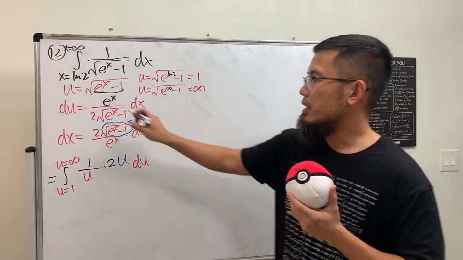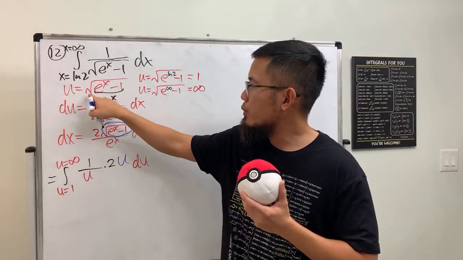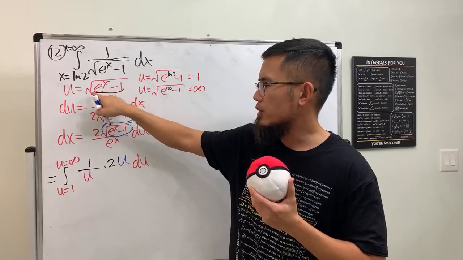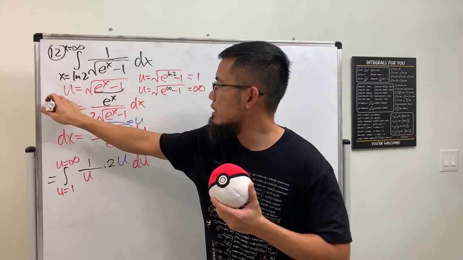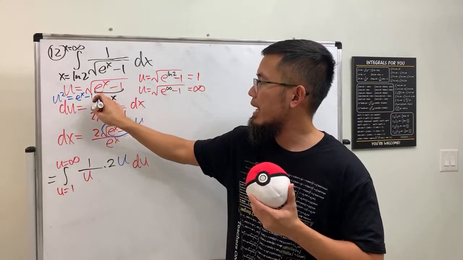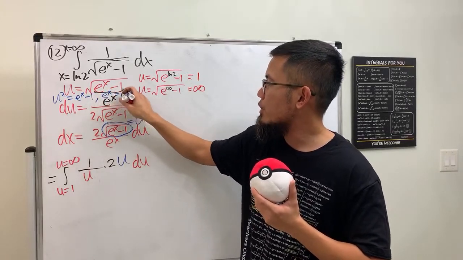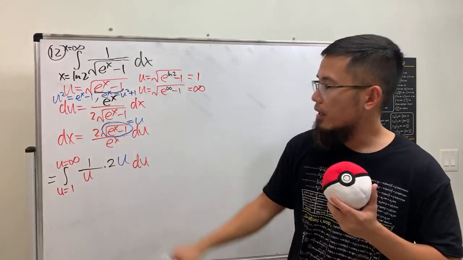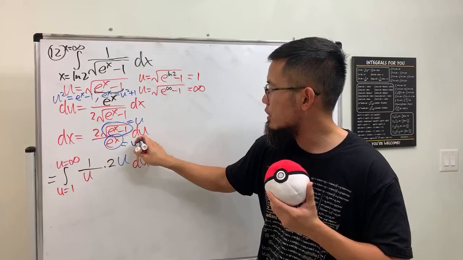Why? Because we can actually look back to this. Well, u is equal to the square root of e to the x minus 1. Square both sides, you see u squared is equal to e to the x minus 1. And I can move the 1 to the other side, so that means e to the x equals u squared plus 1. So I'm going to put this down right here for the e to the x.